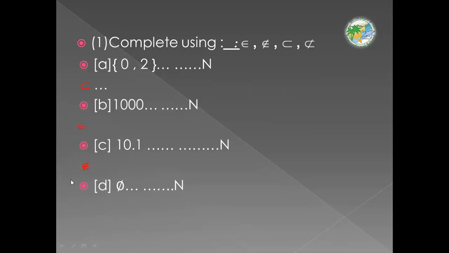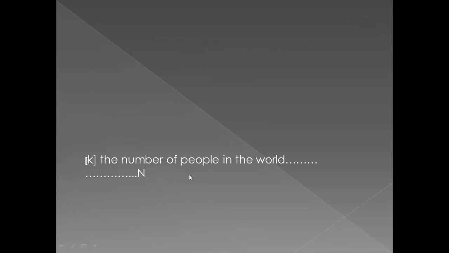Then set and set. We choose subset or not subset, or belong or doesn't belong. After 30 seconds. Fine. Subset. Then phi is a subset of any set. Everyone should know phi is a subset of any set.